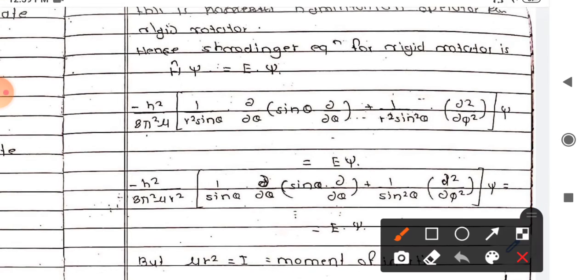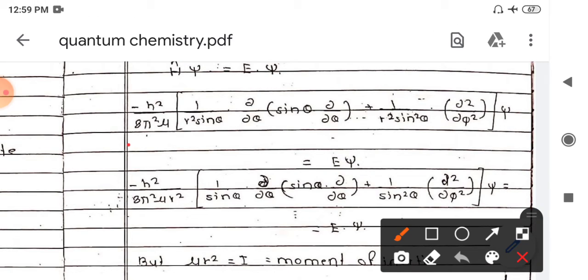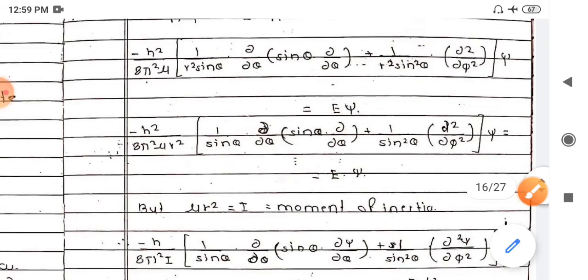We have obtained the value of H as minus h square upon 8 pi square mu into the bracket: 1 upon r square sine theta del by del theta of sine theta del by del theta, plus 1 upon r square sine square theta into del 2 upon del phi square, acting on psi, equals E psi. The right hand term remains as it is.